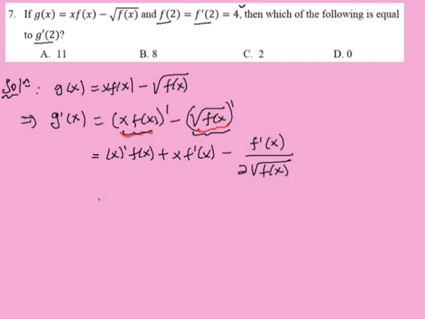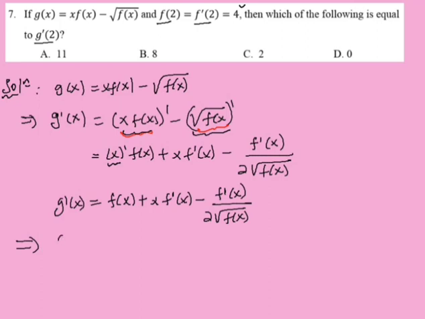The derivative of x is 1, therefore this becomes f of x plus x times f derivative at x minus f derivative at x over 2 times radical f of x. This is g derivative at x.